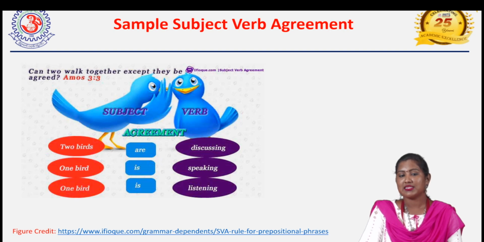What is the second bird doing? It is listening. So even with a basic picture, we learn subject verb agreement more clearly. Overall, two birds are discussing; individually, one is speaking and the other one is listening.